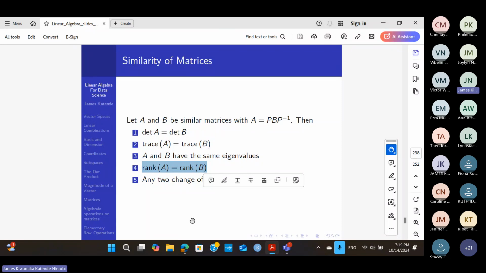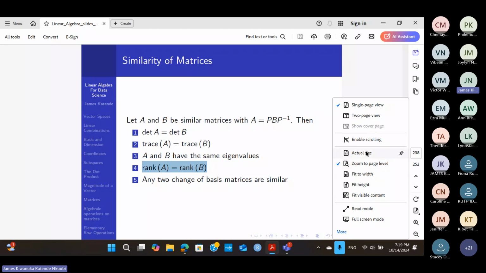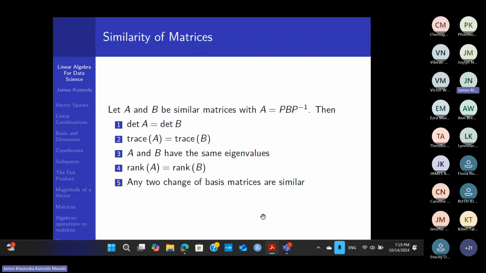And since to get A, we are just multiplying B by invertible matrices, the rank will not change. All that can be proved, but we don't need the details now. If you want to get to the nuts and bolts, go to the textbook I shared, which has more details.